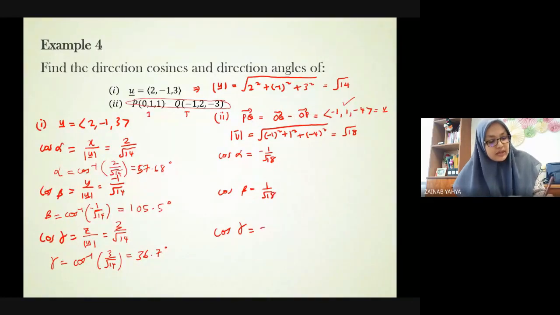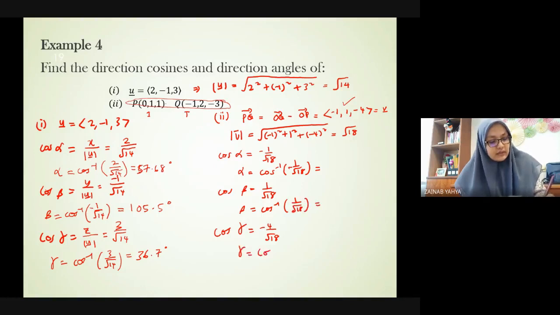Cos gamma is -4 over square root 18. So that's it. To find the direction angles, it will be cos inverse of the answer. So you just press your calculator: 1 over square root 18, cos inverse.